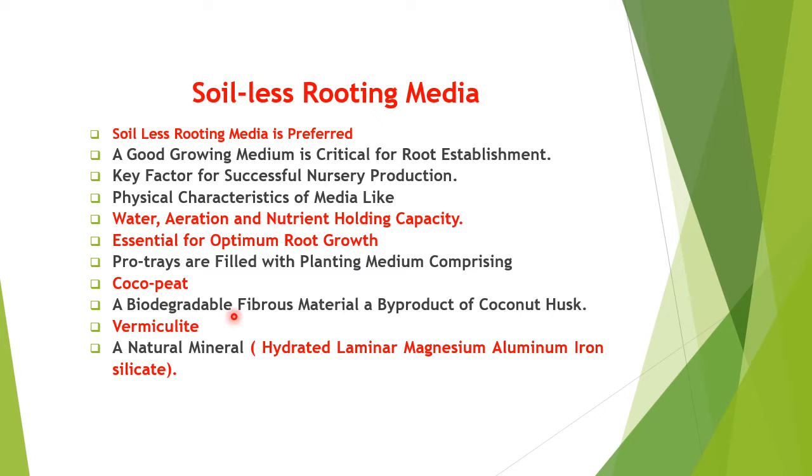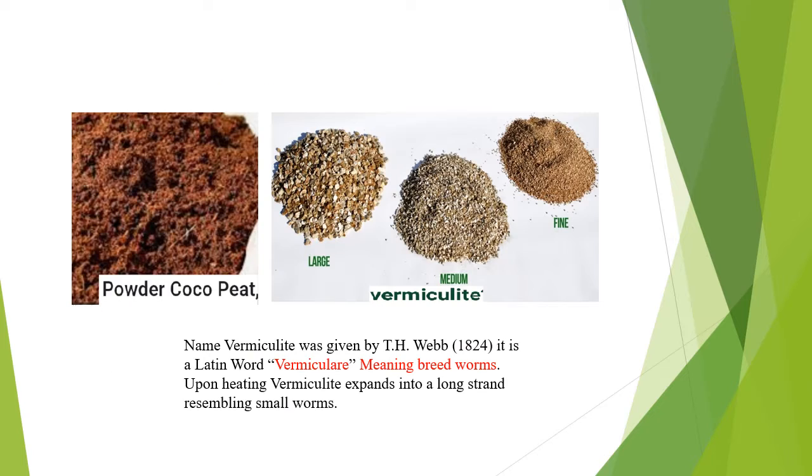Coco peat is a biodegradable fibrous material, a byproduct of coconut husk. Vermiculite is a natural mineral. It's a hydrated laminar magnesium aluminum iron silicate. This is powder of coco peat, which is kept in water, and these are the 3 different grades of vermiculite.